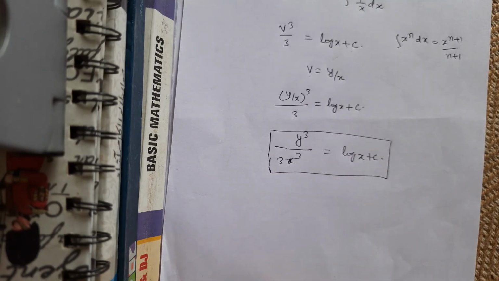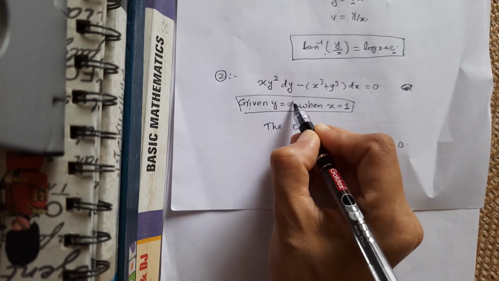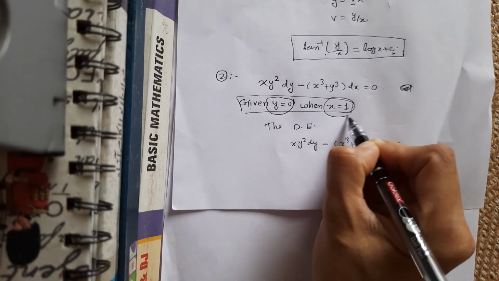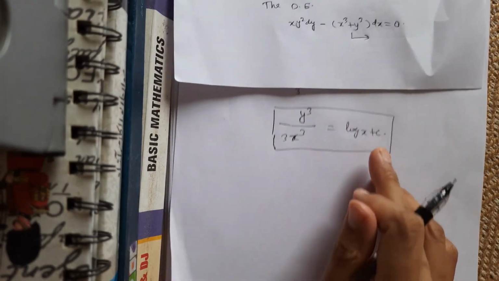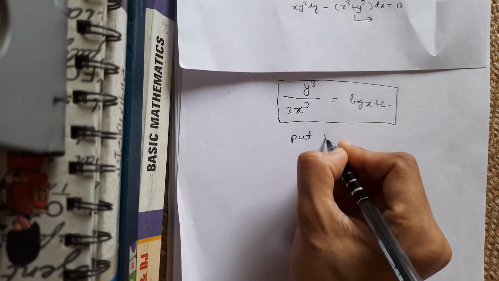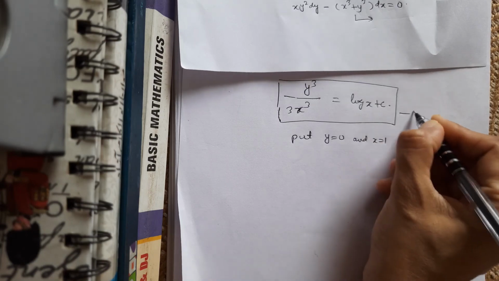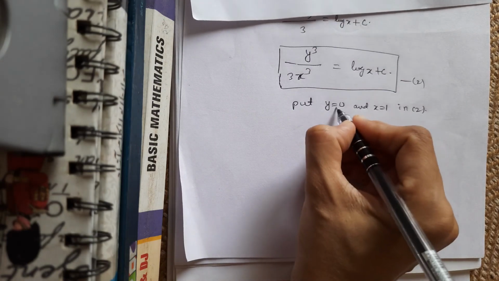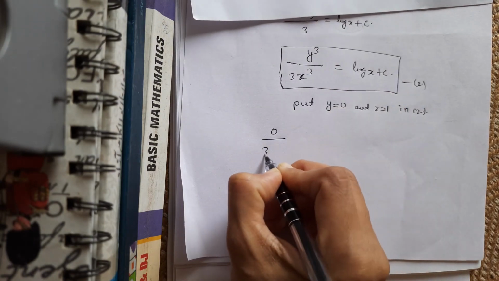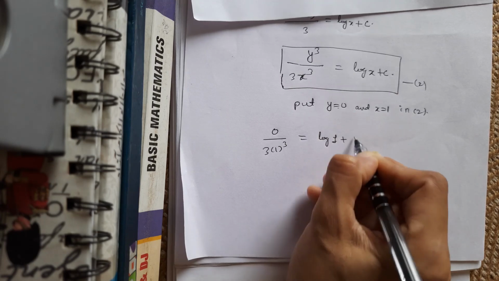But in the example, I have been given a condition, right? What is the condition given? y = 0 when x = 1. By substituting this condition here, I need to find the value of c. Put y = 0 and x = 1 in equation 2. So I get 0/(3·1³) = log 1 + c.